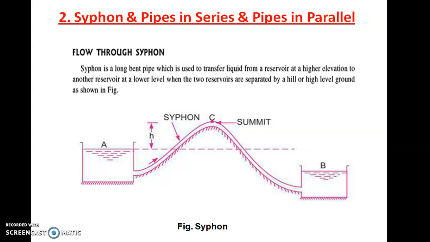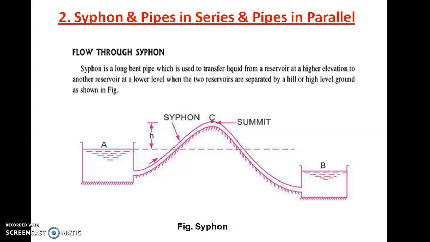So if you want to carry water from a dam to a city, then in between that there is certain hill or high level ground, or ground levels are high between these two.